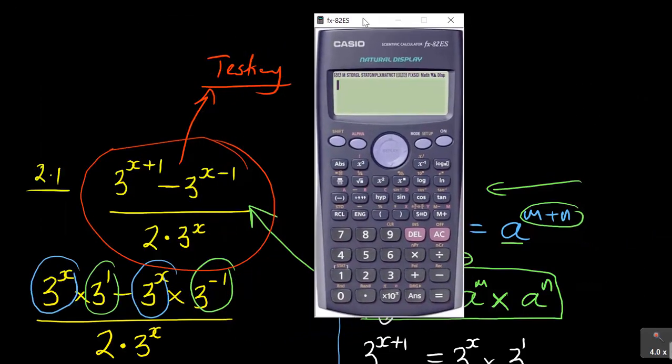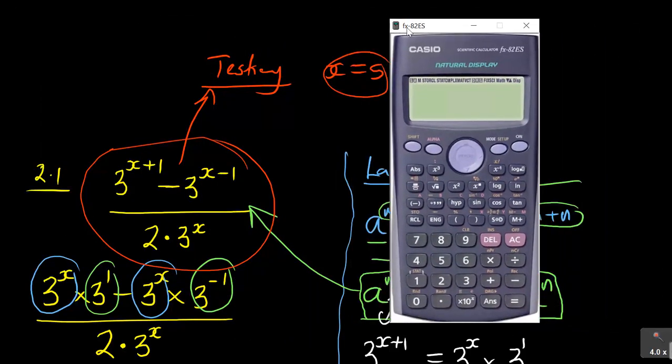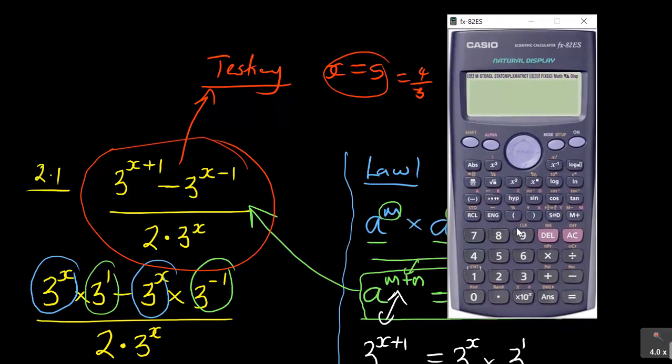So let's do that. We said let x be equal to 5 in this case, and we will have 3 to the exponent 5 plus 1, minus 3 to the exponent 5 minus 1, over 2 times, dot means times, 3 to the exponent 5. You see that? And when I simplify it, it gives me 4 over 3.